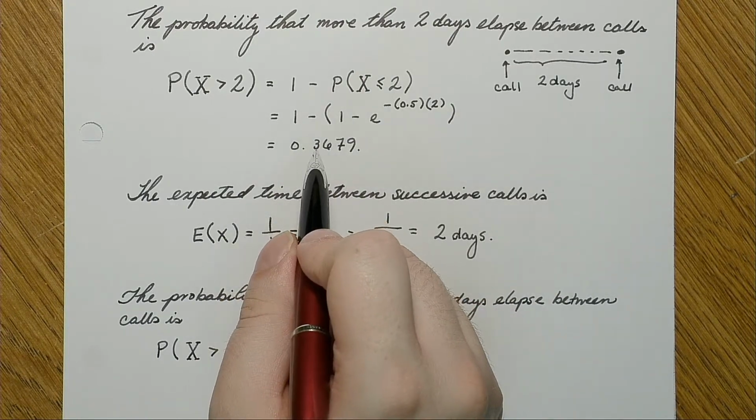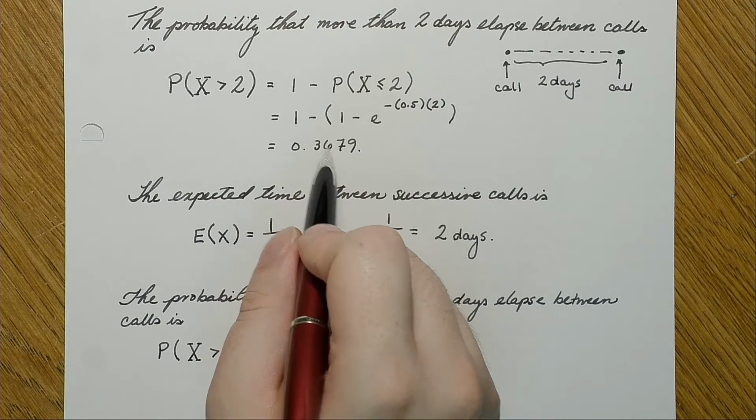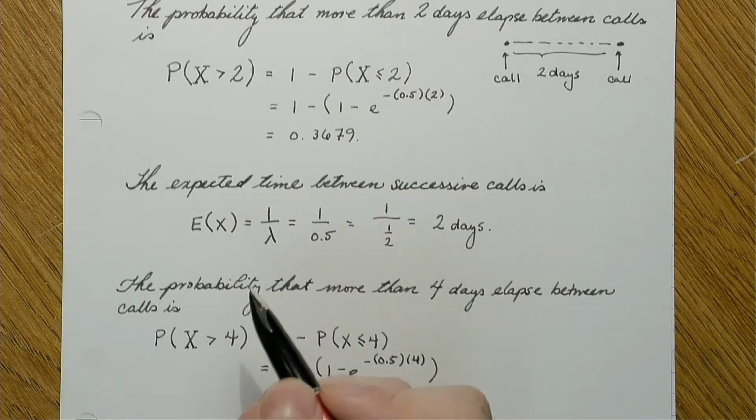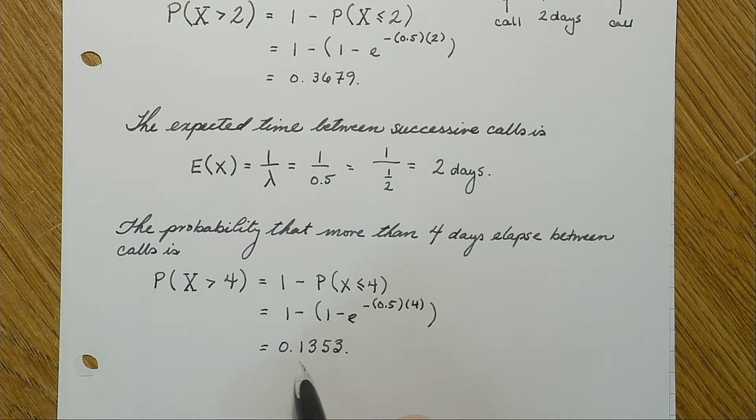So for more than 2 days, it's 0.3679. For more than 4 days, it's 0.1353.